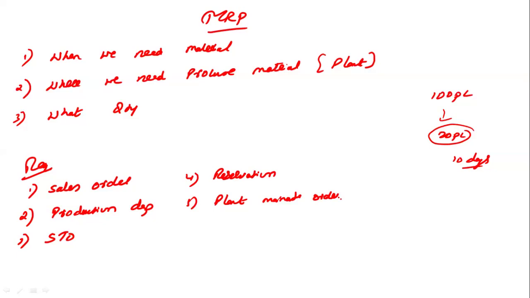And this MRP runs on the respective dates. It checks when the requirement is required, at what date the requirement should be raised. Do we have any availability of material? Do we have current stock available? If the current stock is available, then that is fine. If the current stock is not available, then do we have the upcoming supplies?